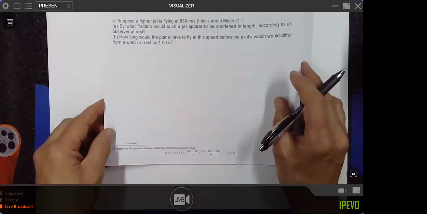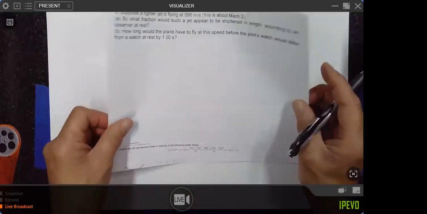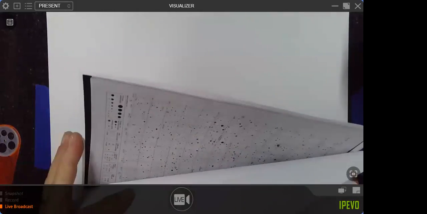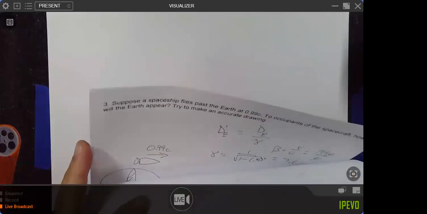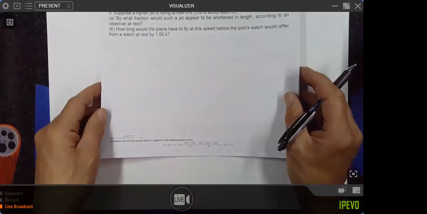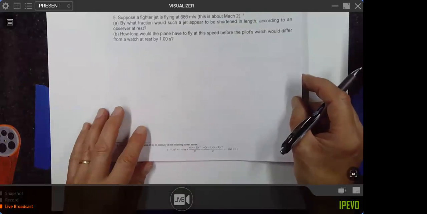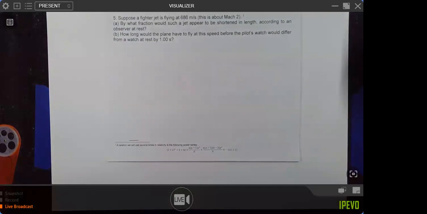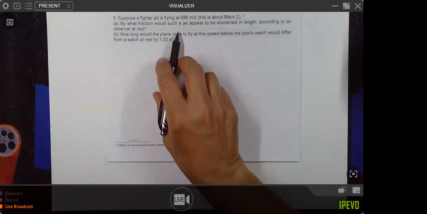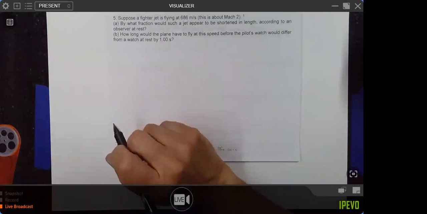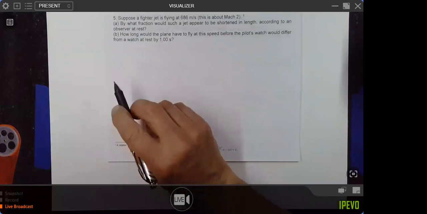But this one we might actually have to use the series expansion on. I thought there were some other ones, maybe not. That one, that one. Okay, a fighter jet flying at 686 meters per second, which is roughly Mach 2. By what fraction would such a jet appear to be shortened in length according to an observer at rest?